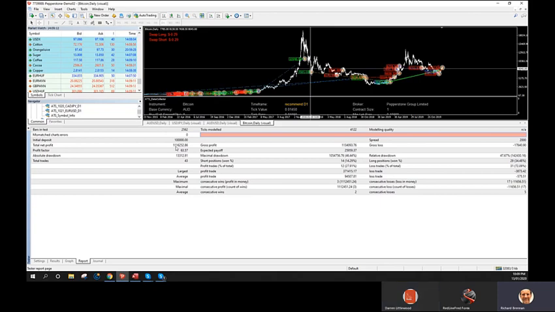Starting from a $100,000 start. Long positions won 34%. Short positions won 14%. Largest profit trade 371,000. I'll have one of those things. Lost trade minus 3,876. I think we've got positive skew here.